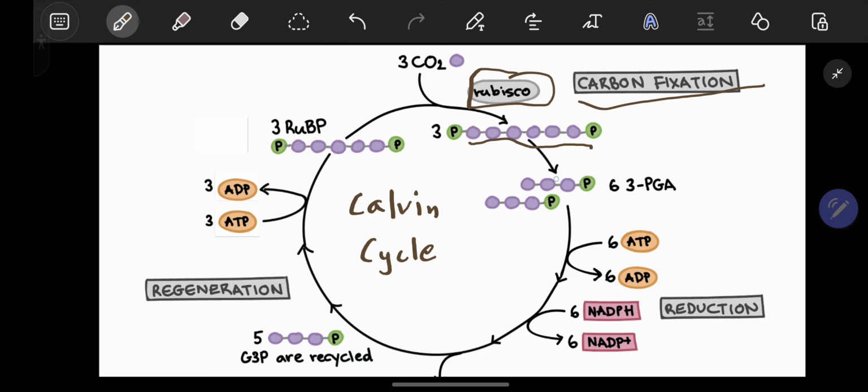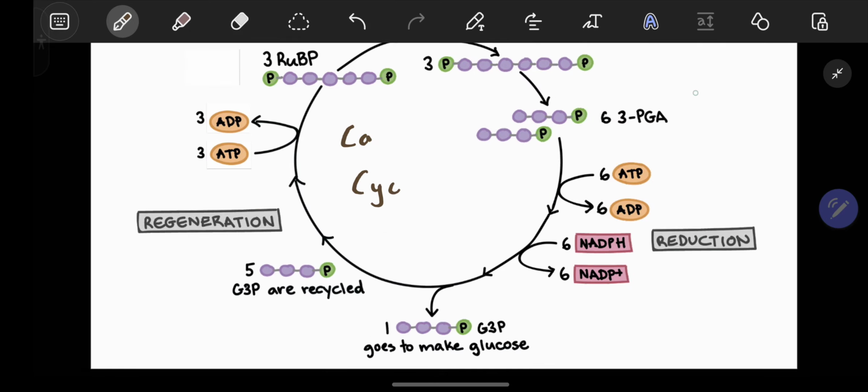But that's only a temporary state, as that 6-carbon compound is broken down into 2 PGAs, which are 3-carbon compounds. 3 carbon dioxides enter the Calvin cycle at once. So in actuality, as mentioned here, 3 of these 6-carbon compounds and eventually 6 of these 3-carbon PGAs are made per cycle in the Calvin cycle.